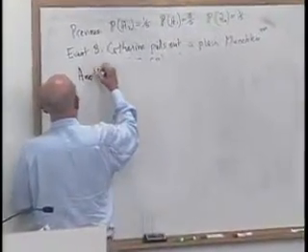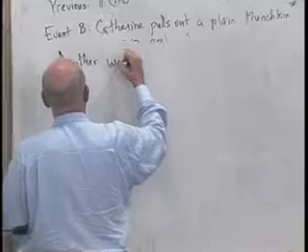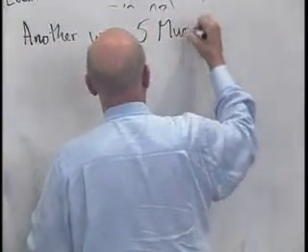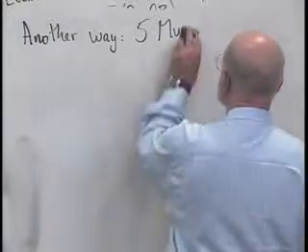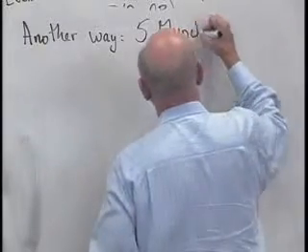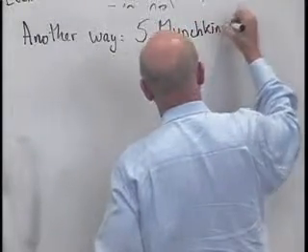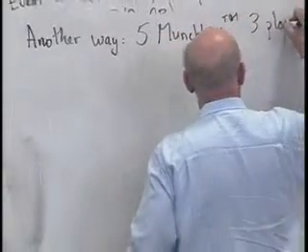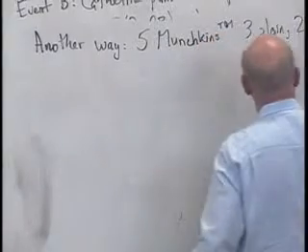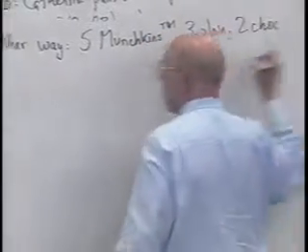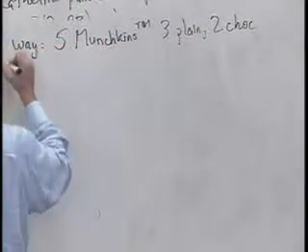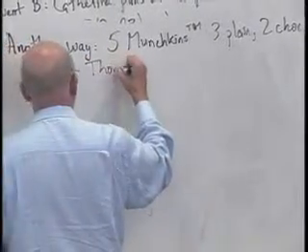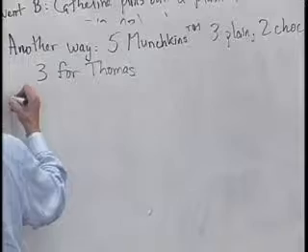So this is another way. We have 5 Munchkins. Three plain, 2 chocolate, 3 for Thomas.